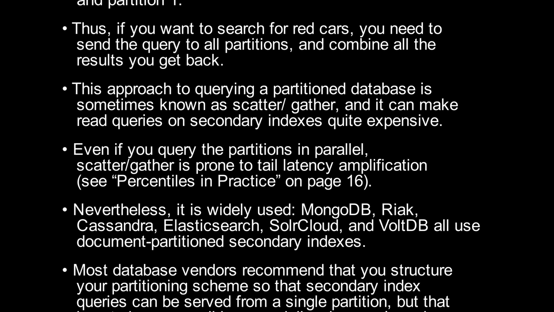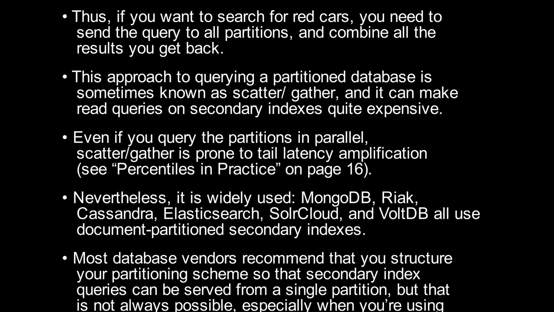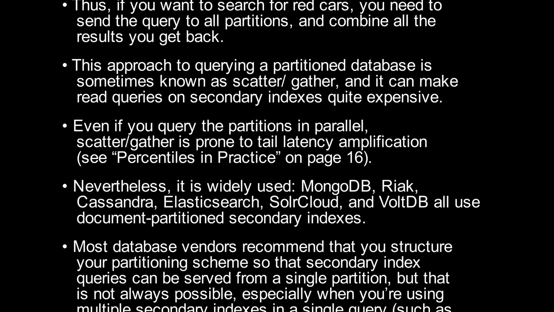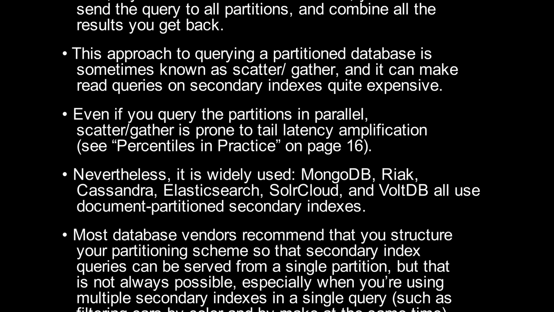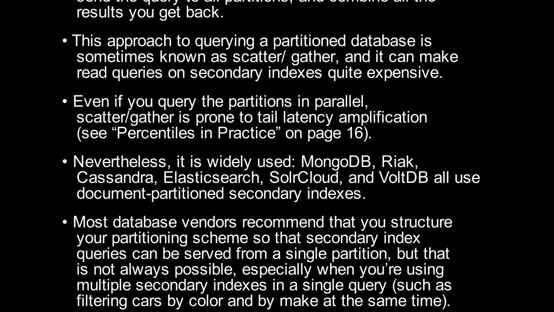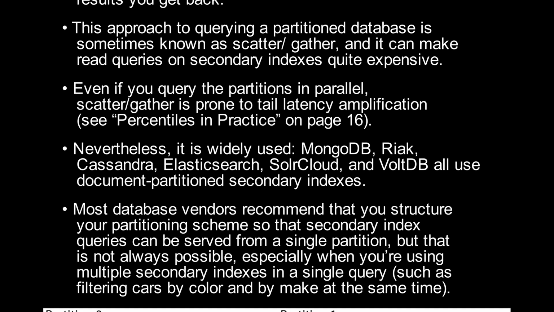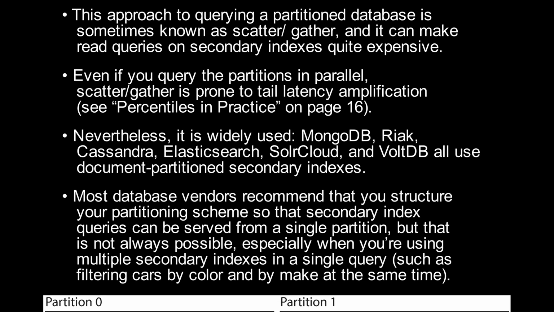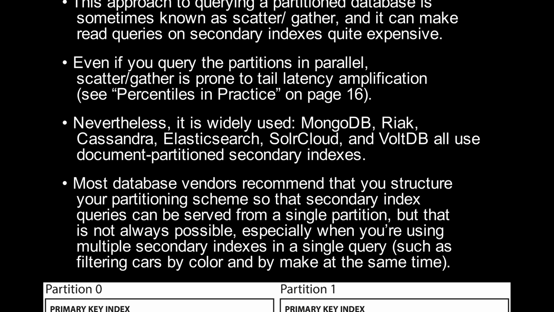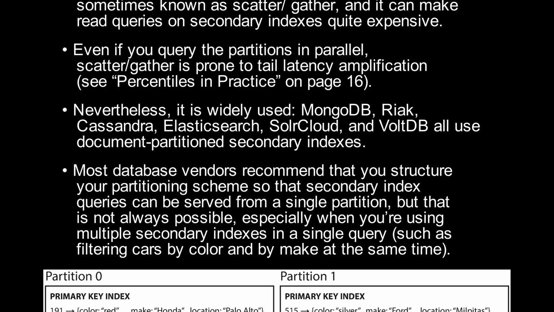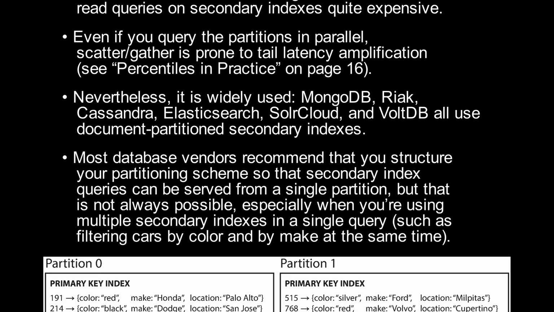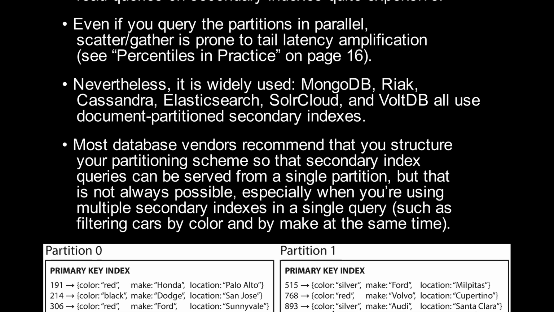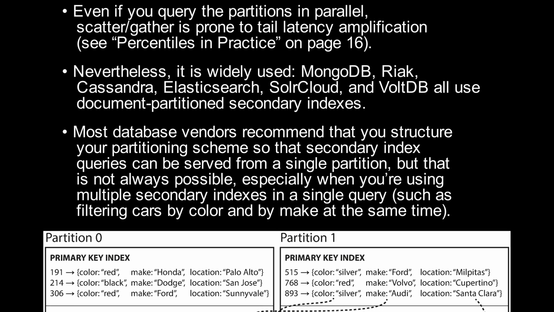MongoDB, Riak, Cassandra, Elasticsearch, SolrCloud, and VoltDB all use document-partitioned secondary indexes. Most database vendors recommend that you structure your partitioning scheme so that secondary index queries can be served from a single partition. But that is not always possible, especially when you're using multiple secondary indexes in a single query, such as filtering cars by color and by make at the same time.